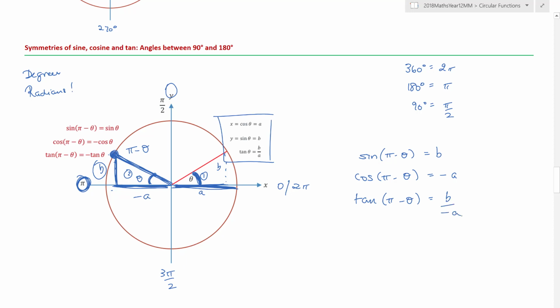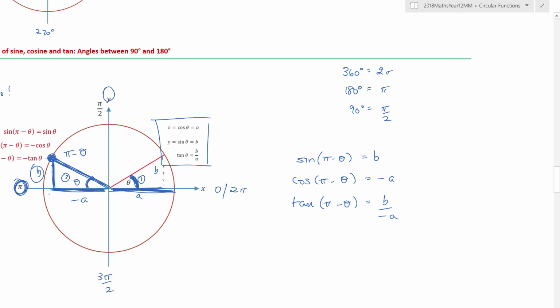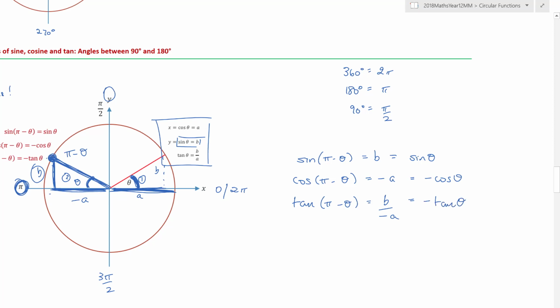Well, what has that actually got to do with the price of fish? Well, hold on a moment. We already know that b is exactly the same as sine theta. We know that a is cos theta, so that must be minus cos theta. And beyond that would actually be equal to minus tan theta.